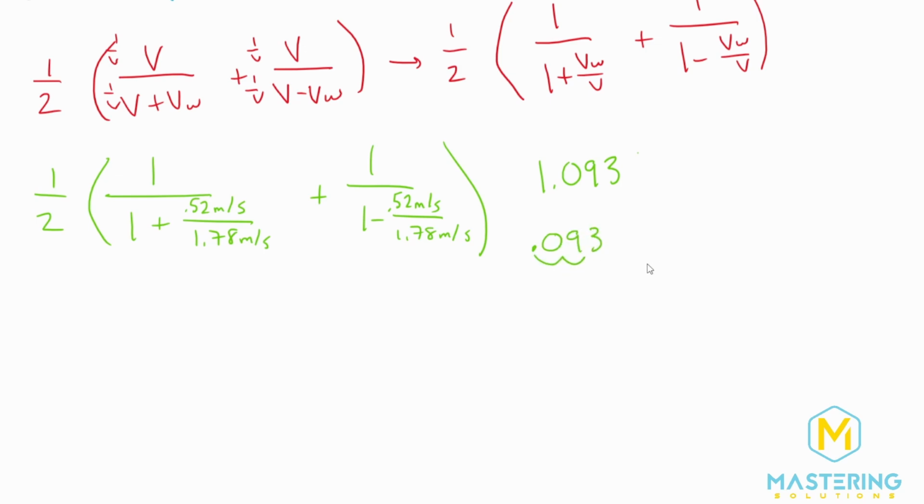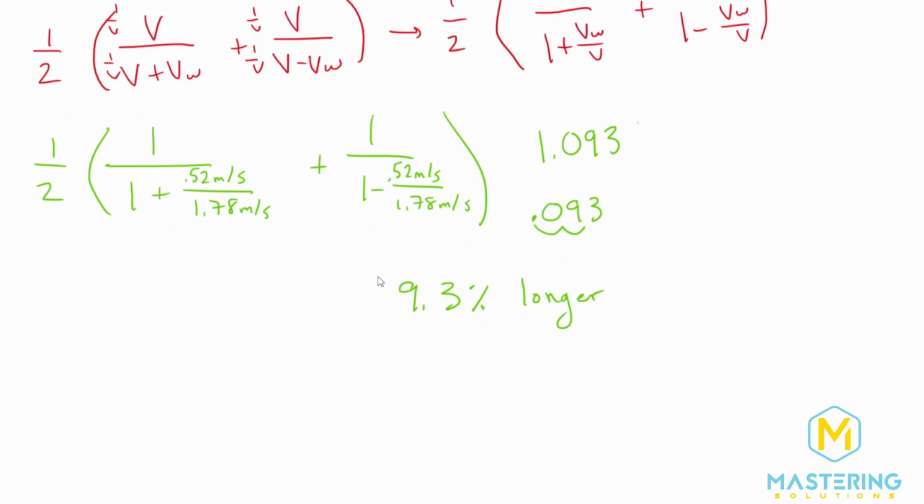If we move that over 2 to give us a percentage, it took us 9.3% longer to swim with the current as a factor than if we were to just swim the same distances with still water. So the answer is it takes us 9.3% longer to swim with the current as a factor as opposed to if we did the same distance swimming without current in still water.